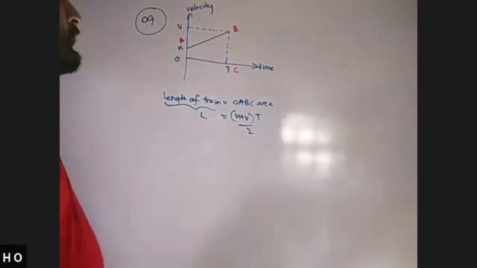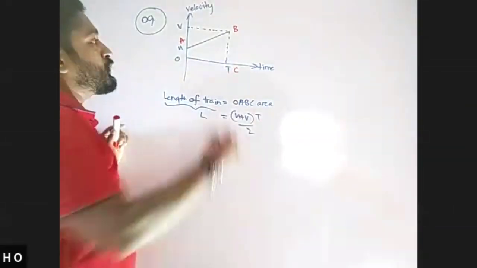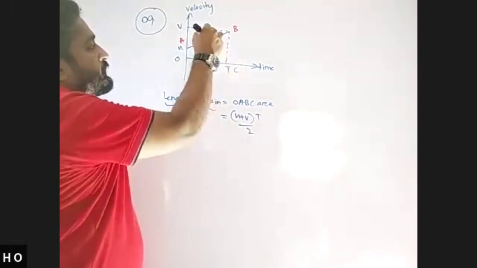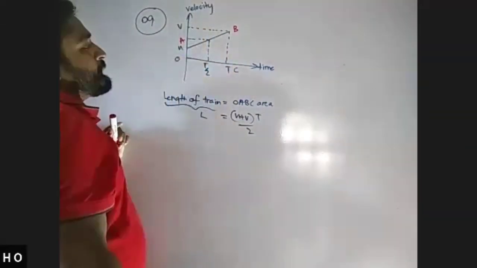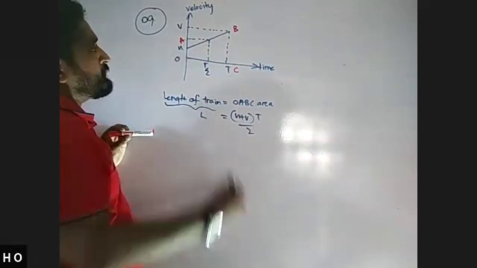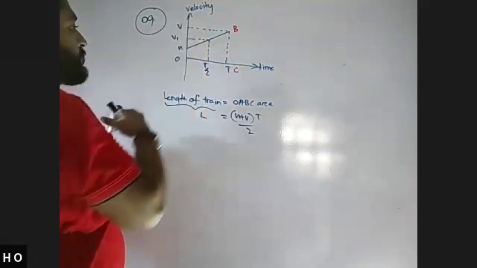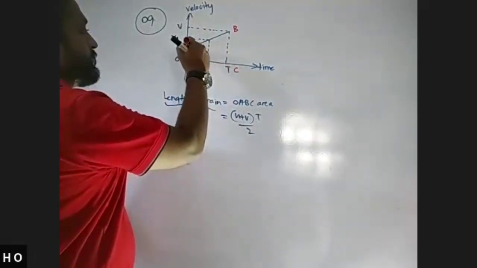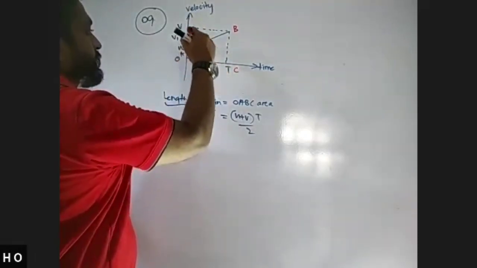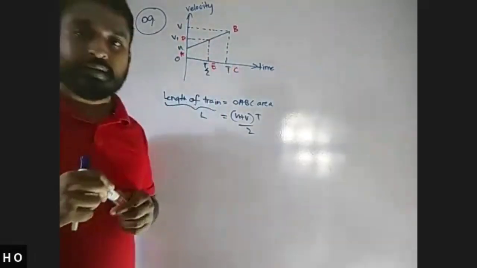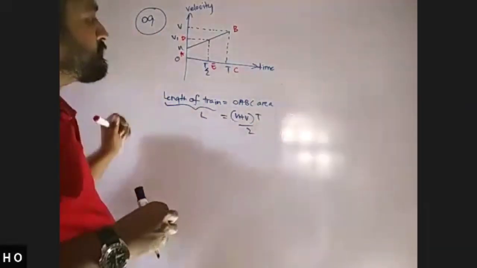Now at the time t by 2, you have to find the length. For the t by 2 time, mark the velocity as v1. By considering the gradients, you can find the value of v1.